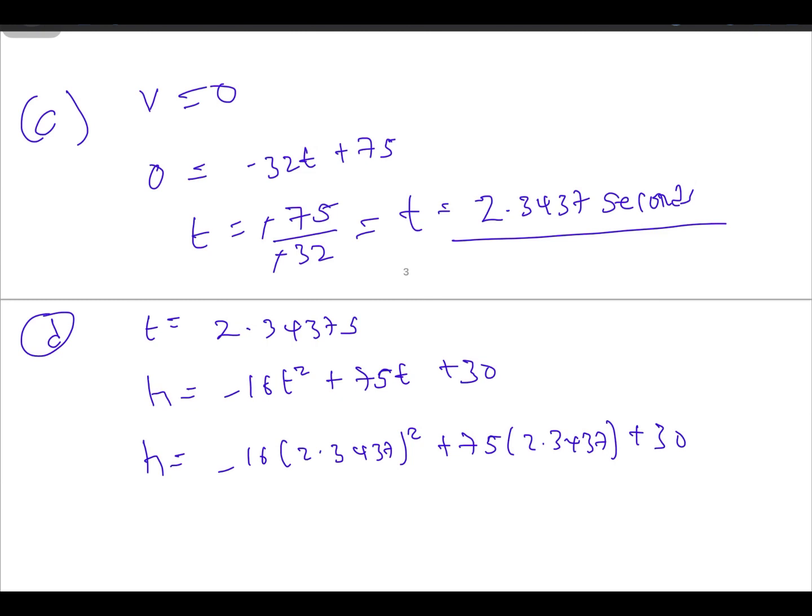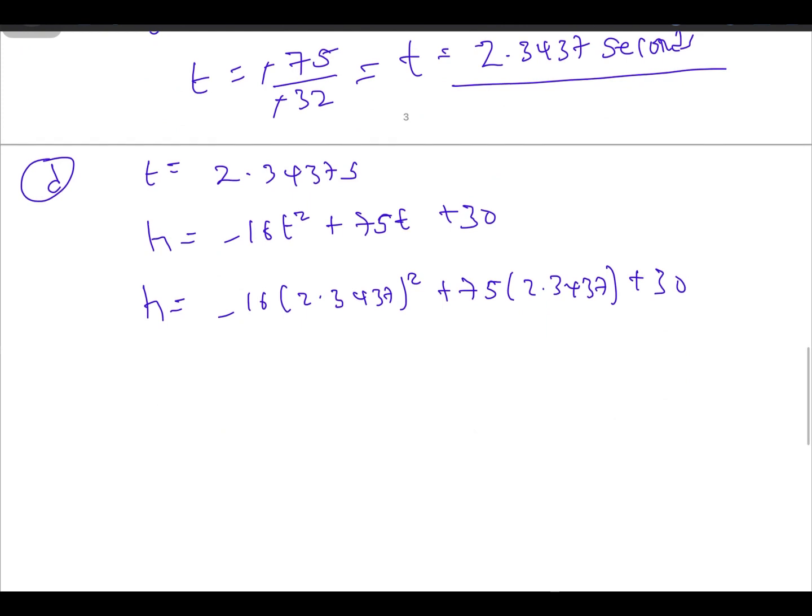Let's see the final result. At the end of the day, you are going to get 117.89 feet. So h equals 117.89 feet. Please use your calculator and confirm this answer.